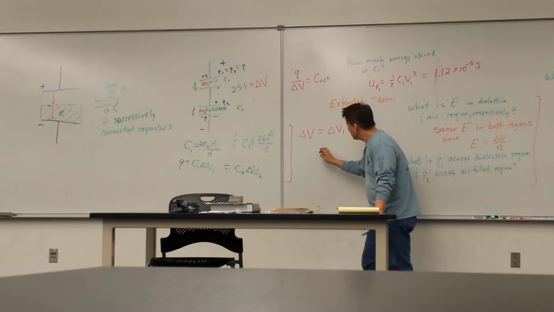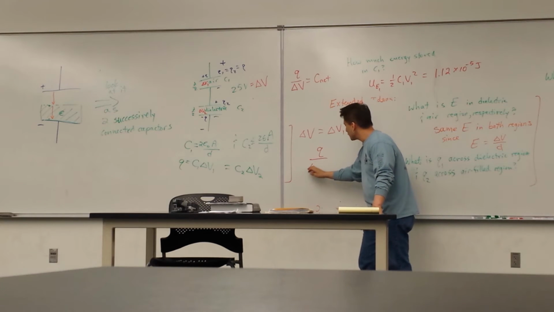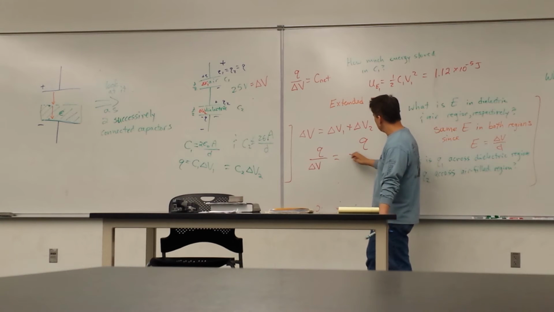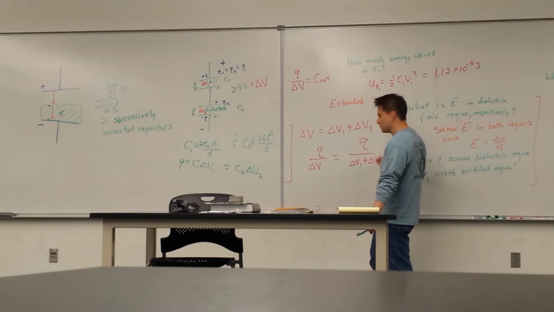So Q over delta V would correspond to Q over delta V1 plus delta V2.